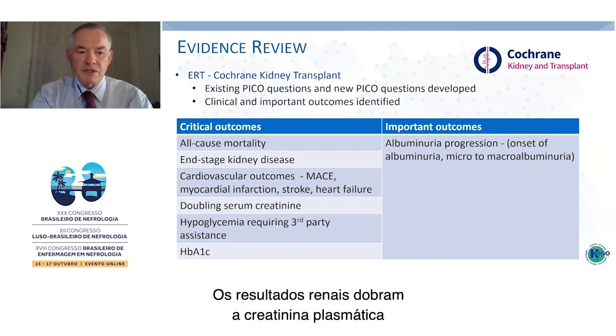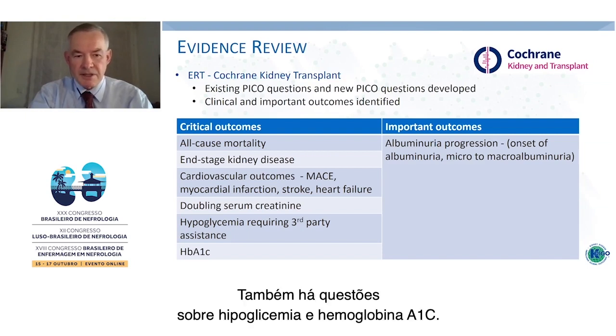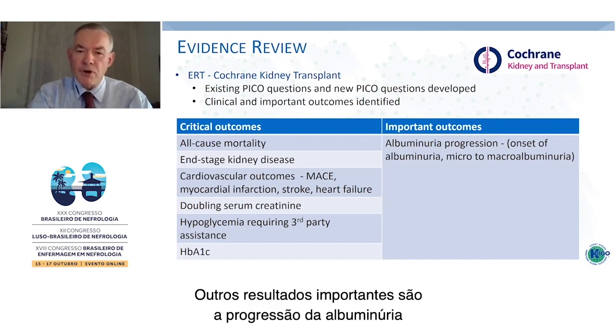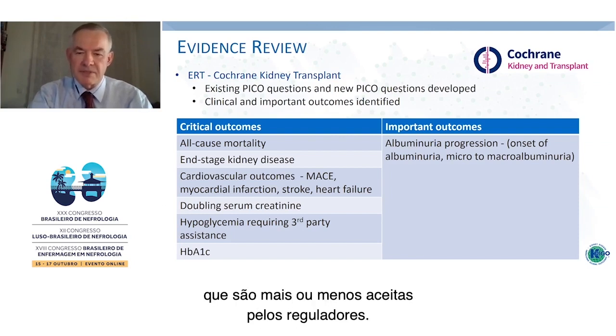The kidney outcomes are doubling of serum creatinine or reaching end-stage kidney disease. There are also some questions about hypoglycemia and hemoglobin A1C. Other important outcomes are albuminuria progression for us nephrologists, which is more or less accepted, or not so accepted, by regulators.